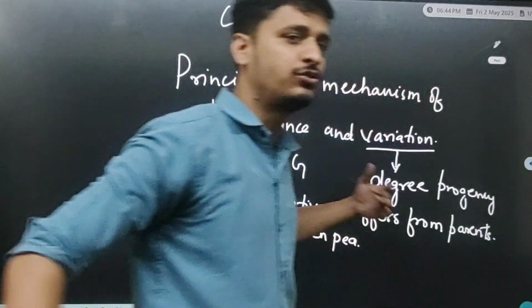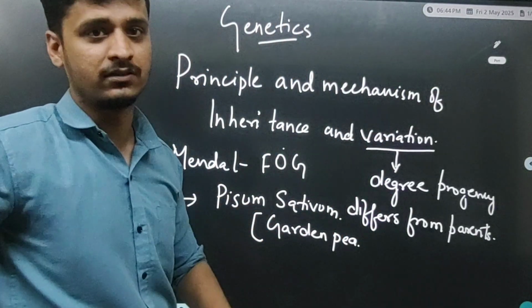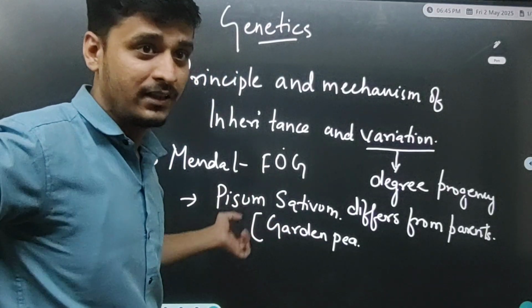So why didn't he choose any other plant? Because pea has some distinct features, right? So we will see what are the special features present in the pea plant.